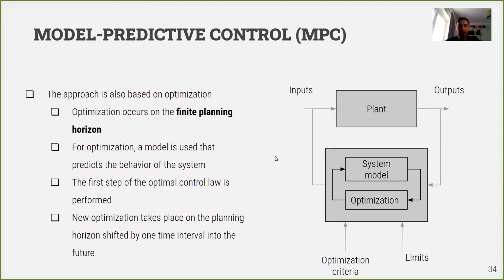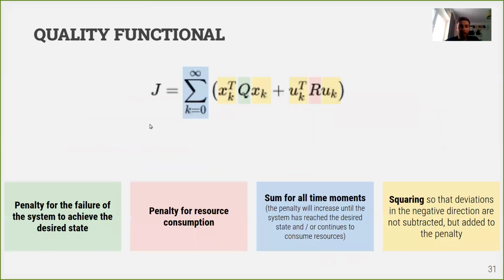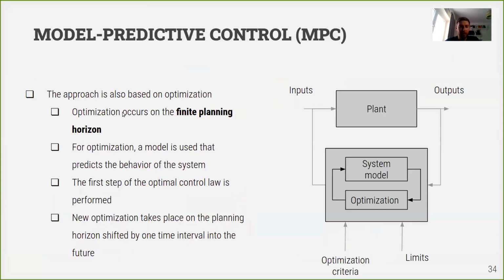We're optimizing our control on a finite planning horizon. So if here we had an infinity, here we have a finite planning horizon. We use our system model. So we have some model of the control object. And we use optimization to optimize our output.